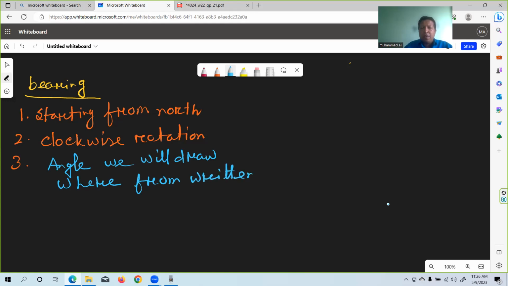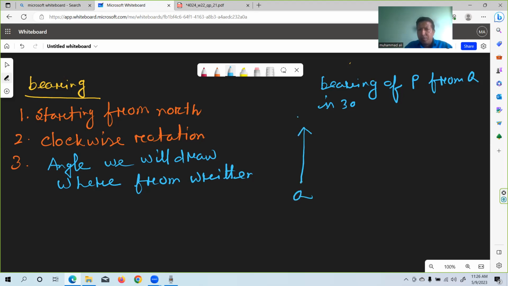That means if I say the bearing of P from Q is 30 degrees, at the point of Q, upper side it will be north.